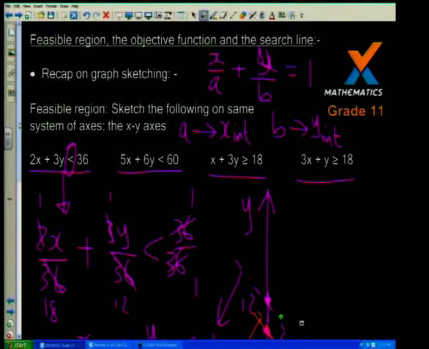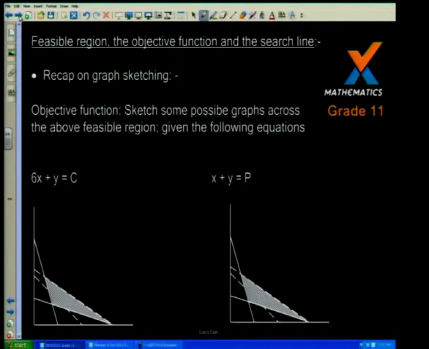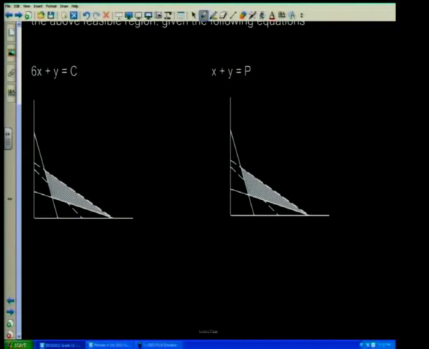Okay, 18, 12, and that will be another 18. Okay, so I'm going to mark it as such. The last one will be a 6. 6, 12, and 18. So this, remember, I'm giving you as an exercise. You are going to find out how I got to those values.